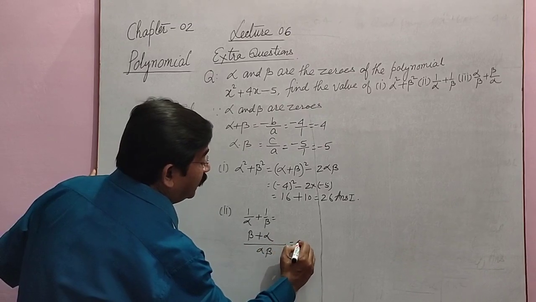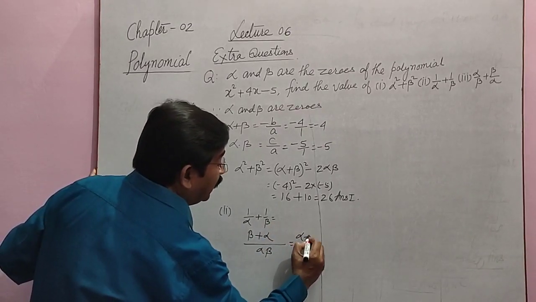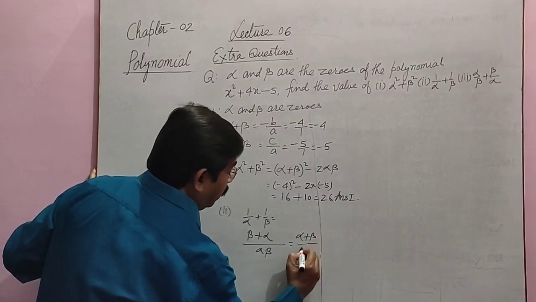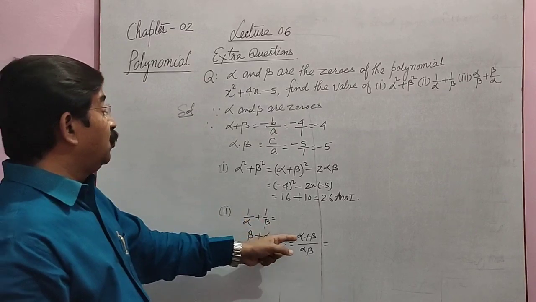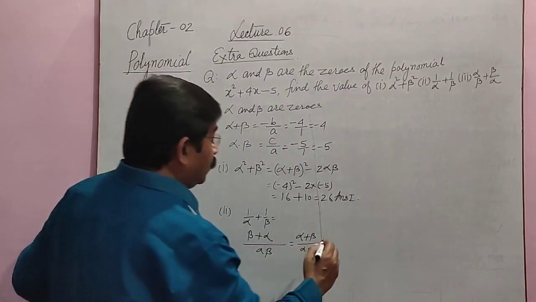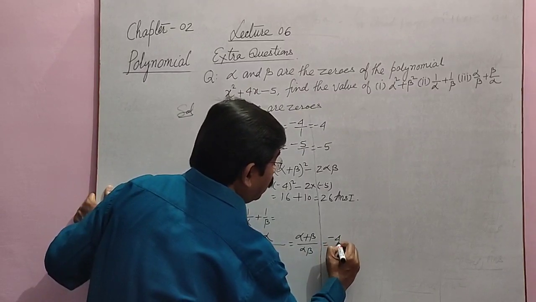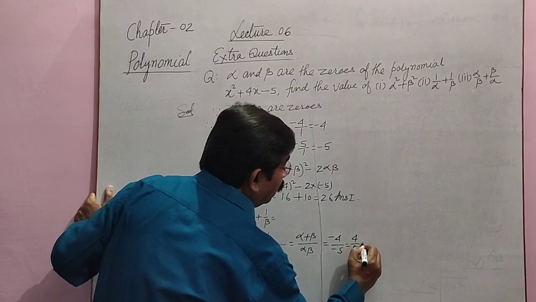We have alpha. That means beta plus alpha, or alpha plus beta, same thing. I can write alpha plus beta upon alpha into beta. Now we have the value of alpha plus beta as minus 4, alpha into beta is minus 5. So minus 4 upon minus 5. So the answer is 4 upon 5.